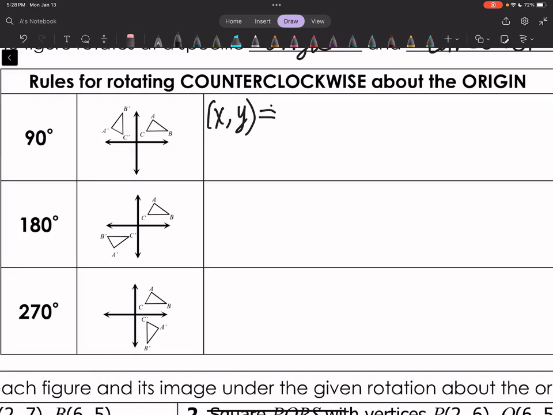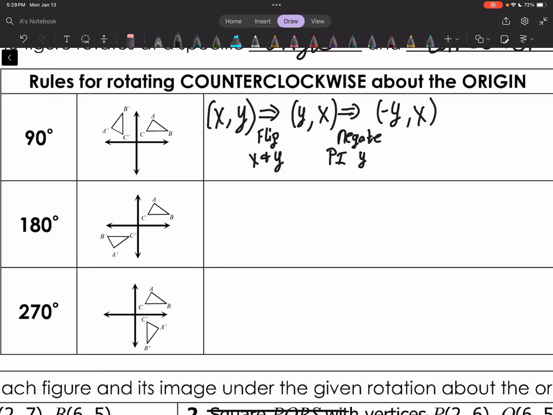What we are going to be doing is flipping X and Y, so that's going to give me Y and X. And then we are going to negate the pre-image Y. In other words, it's going to be negative Y and X. For example, if I have the coordinate 5 and 7, rotating 90 degrees, this is going to become negative 7 and 5.